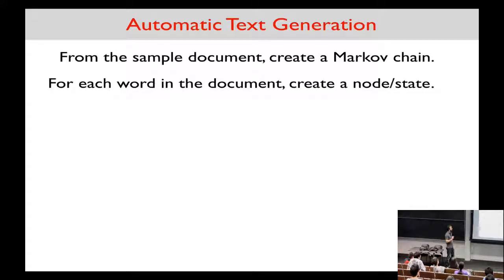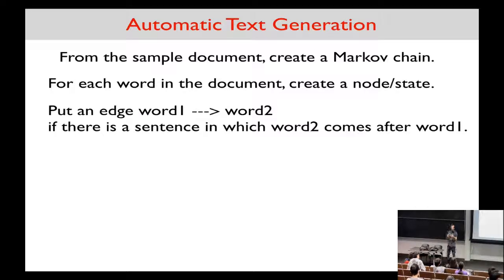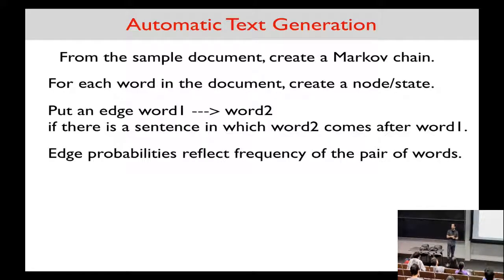For each word you see in the document, you create a node for your Markov chain. And you put an edge between two words, word 1 and word 2, if there is a sentence in the document in which word 2 comes after word 1. Natural thing to do.